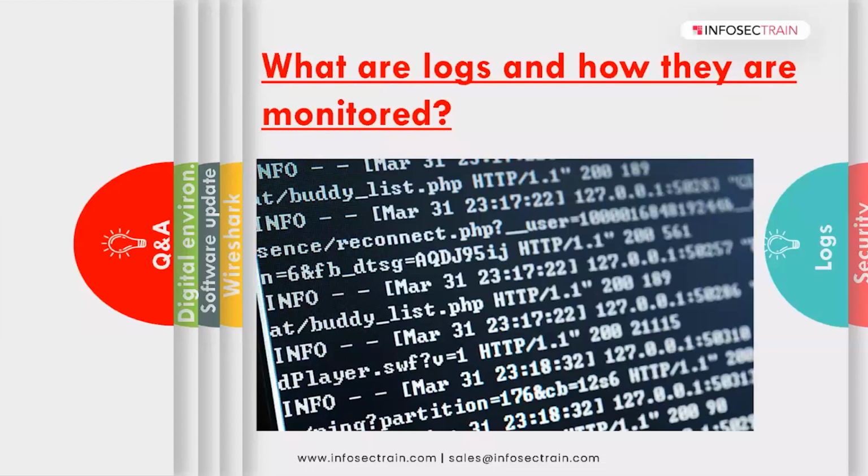Our logs serve as our digital footprint, preserving valuable information about system operations, user activities, security events, and potential vulnerabilities. Logs are generated by various components such as servers, firewalls, operating systems, databases, and security tools.